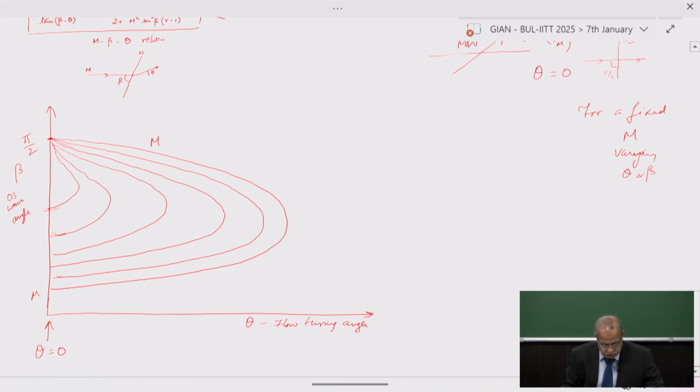Now, a couple of observations we are going to make at this particular point. For a given Mach number, let's say this is M1 for our understanding purpose, you can see that there is one theta max.